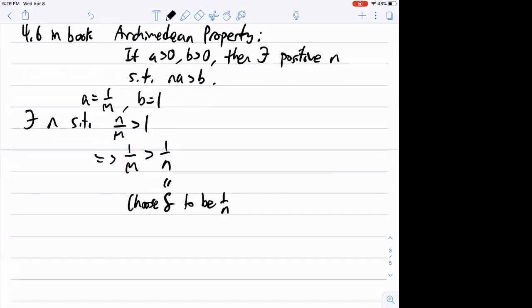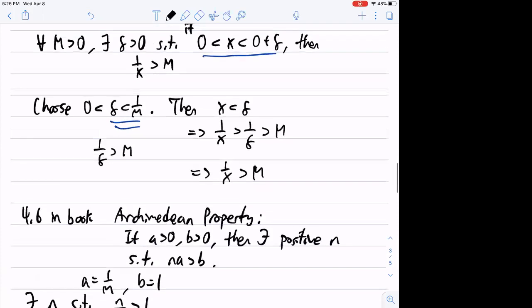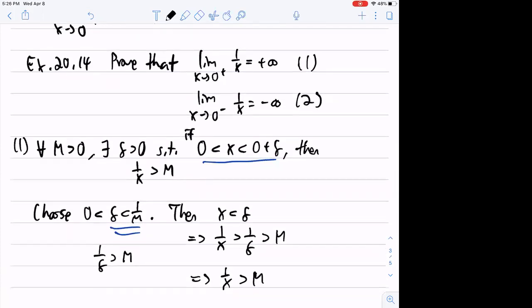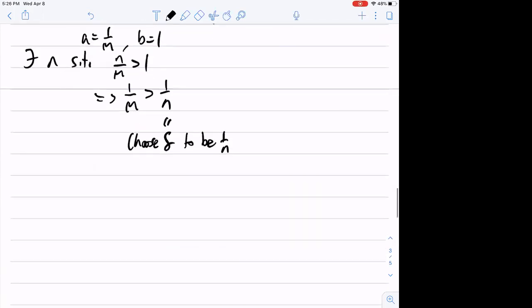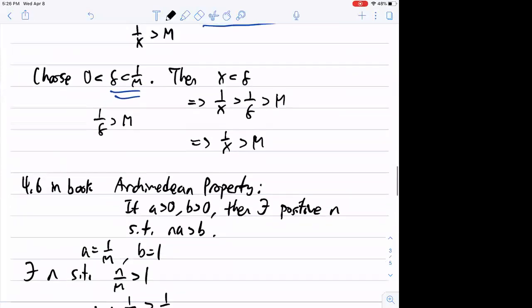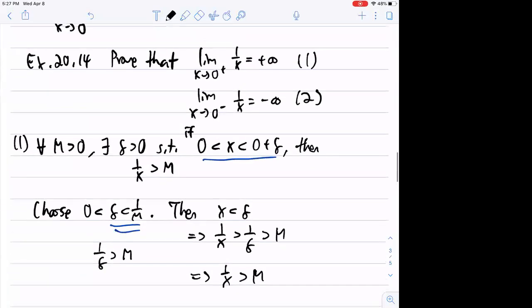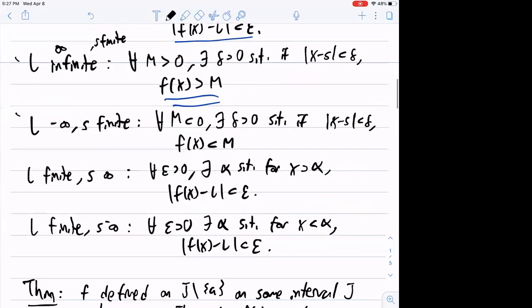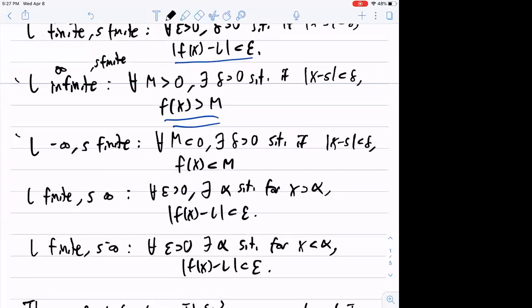Okay, so now that we're good with that, let's do the second part. So this is 1, so let's do 2. Let's go back. In 2, I have a left limit and negative infinity. So right here, I have L is negative infinity and s finite.